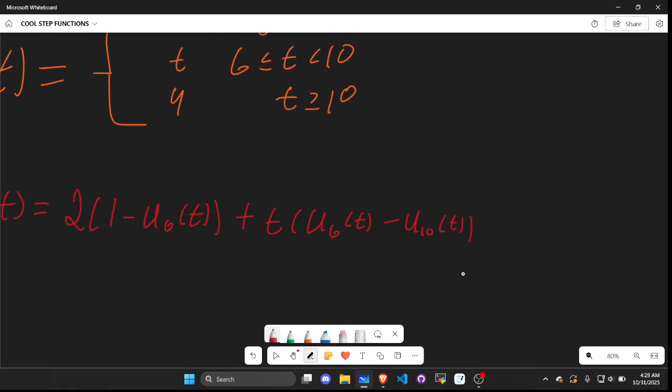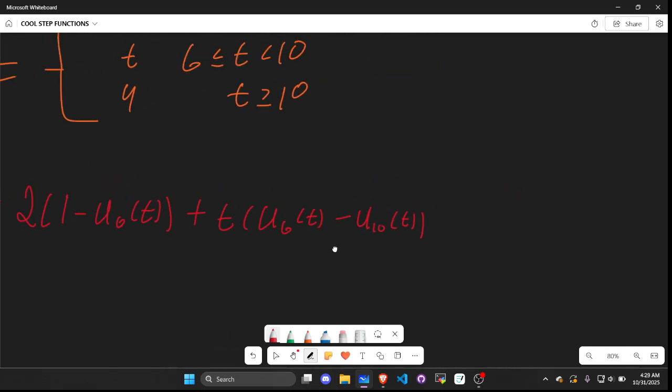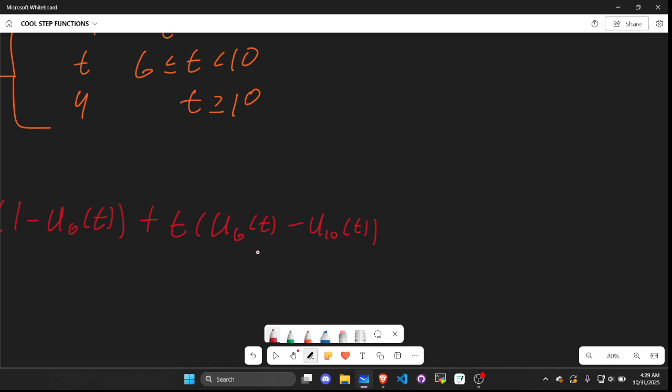All right. So this is basically saying if it's between 6 and 10, because if it's after 10, then this guy evaluates to 1, this guy evaluates to 1, it cancels to 0. If it's after 6, this guy evaluates to 1, but this guy evaluates to 0, so it remains as 1.